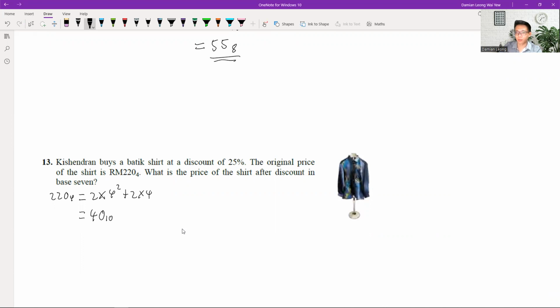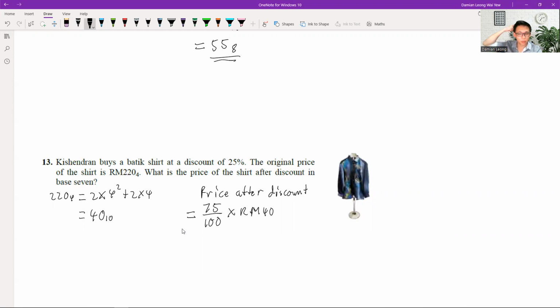Discount of 25% means the price after discount would be 75% of the 40 ringgit.